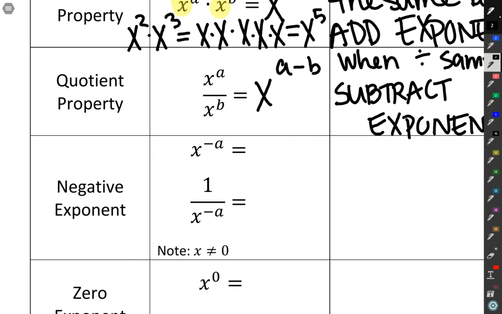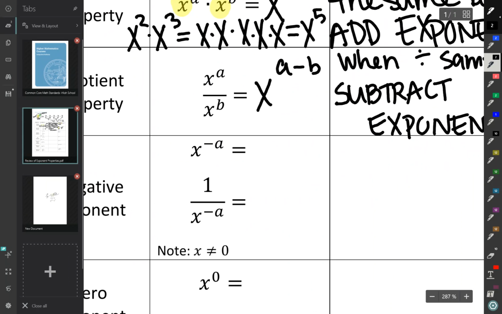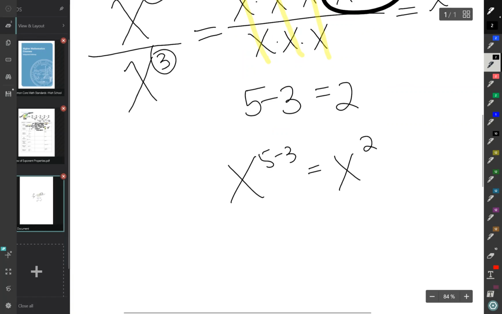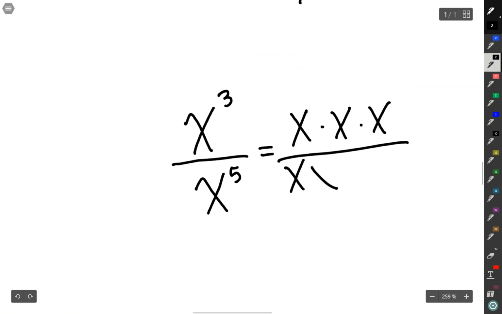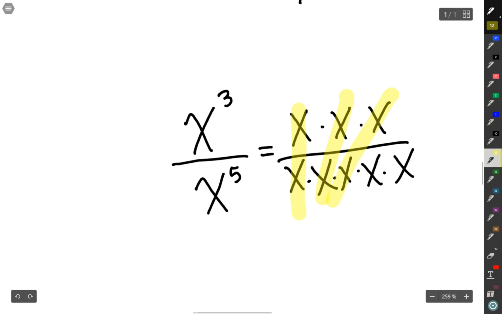All right, let's talk about negative exponents. So going back here, let's say I'm doing that division, and I have it upside down. I have x to the 3rd over x to the 5th. So I have 3 x's on top multiplying over 5 x's on bottom multiplying. You still get that cancelation going on. Cancel, cancel, cancel.